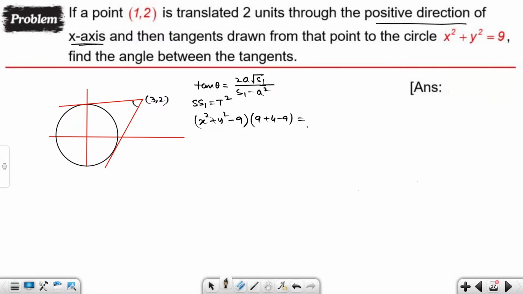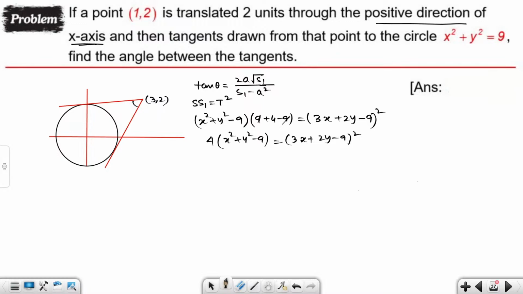T square is the square of the tangent form, so it will be (3x plus 2y minus 9) whole square. So it is basically coming to 4(x square plus y square minus 9) equals (3x plus 2y minus 9) whole square. This is the combined equation for these 2 tangents. Am I correct or not?